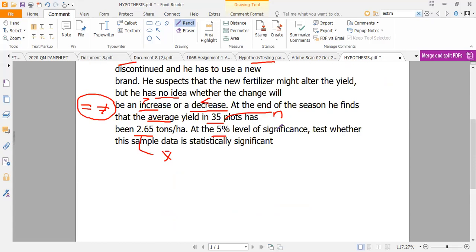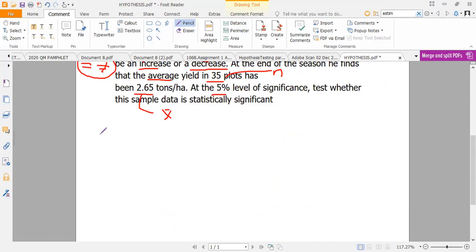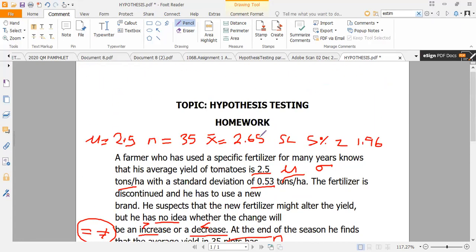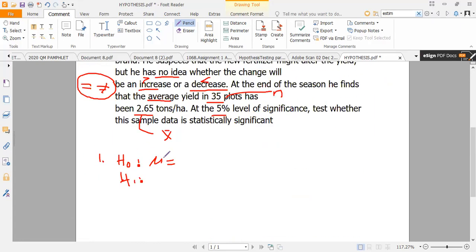So if I follow the steps, step 1, set the hypothesis. Mu is equal to what? The mu is given, 2.5. So say 2.5. And here say mu is not equal to what?